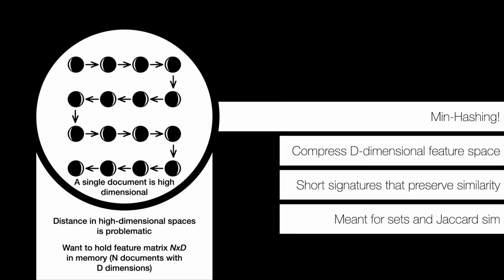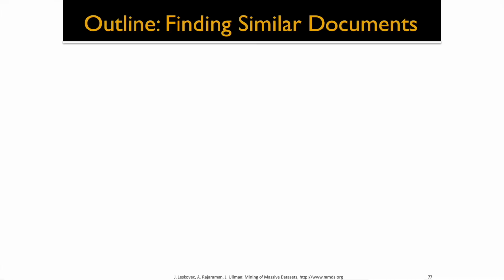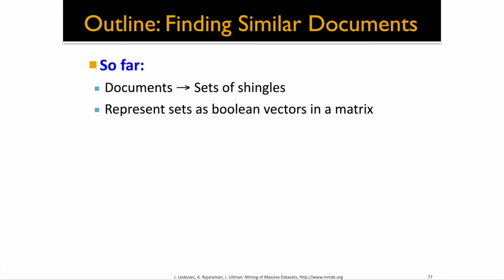So let's first talk about MinHashing. What I want to do is give you some outline for how we use MinHashing to find similar documents in this short space. So we have a set of documents which we've shingled up, and we've already talked about shingling. And what we want to do is represent these documents using a matrix, where all the columns in our matrix are Boolean vectors telling us which shingles exist in this particular document.